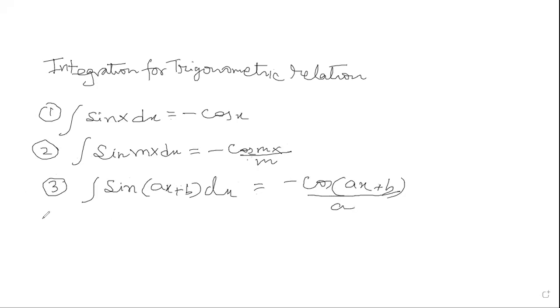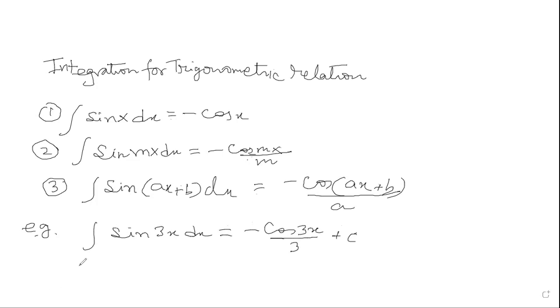Now if I give some examples for this, like sin 3x dx, then the integration will be minus cos 3x by 3, of course plus c. So this is the result.